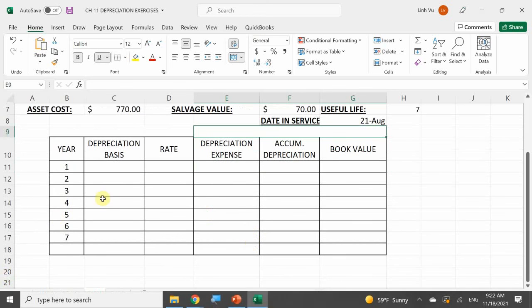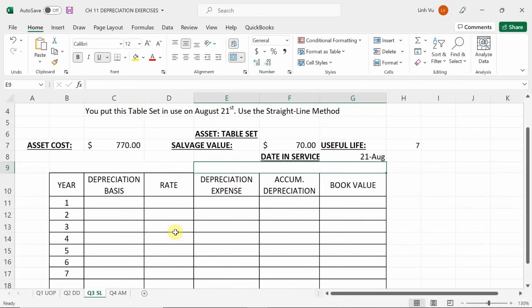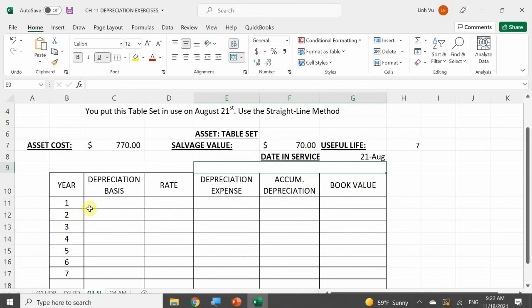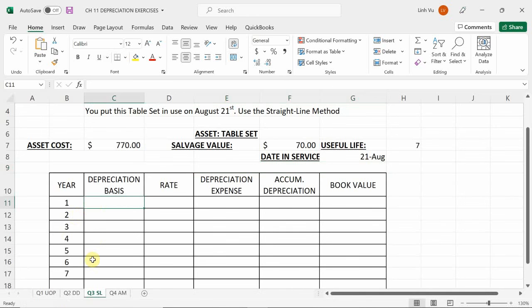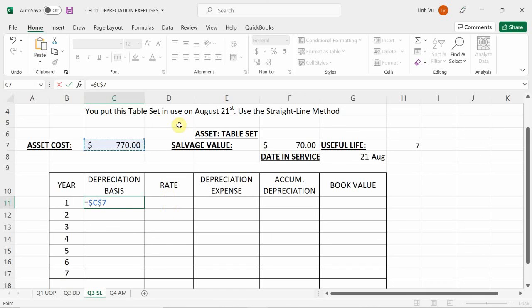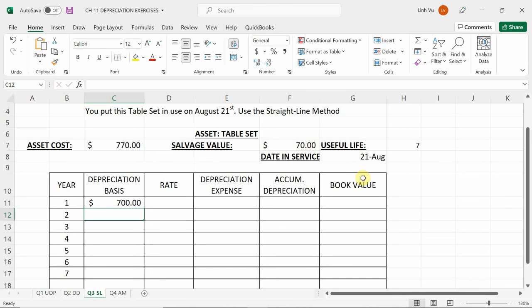This time, my depreciation basis is going to be different. How do I solve for my depreciation basis for straight line? Cost minus salvage. Correct. My cost of 770 minus my salvage value of 70 gives me 700.